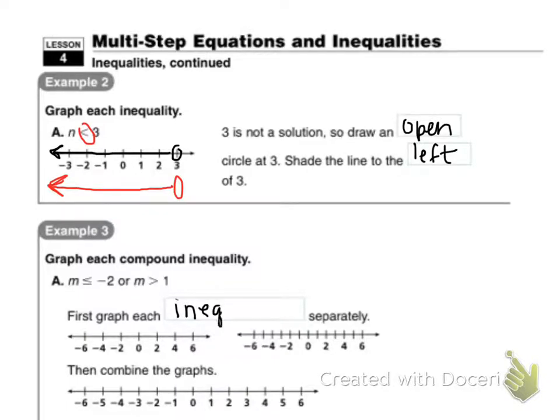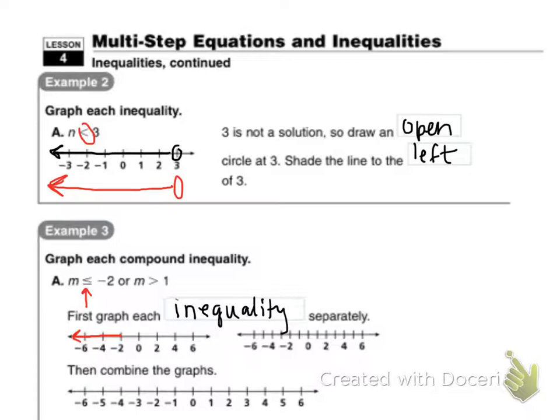So you have m is less than or equal to -2. So you are going to have a closed circle because it's less than or equal to. See the one symbol of the equals underneath the less than?